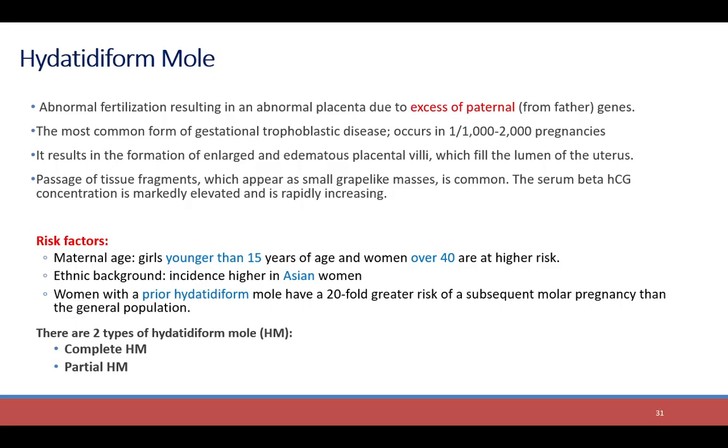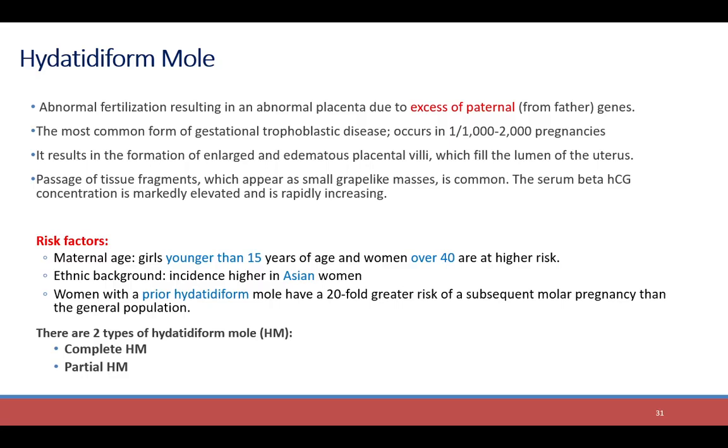The hydatidiform mole, we have partial mole or complete mole. It's very important. Complete mole is abnormal fertilization and abnormal placenta, mainly excess of the paternal. You know, in complete molar pregnancy, all the chromosomes are paternal, coming from the father.